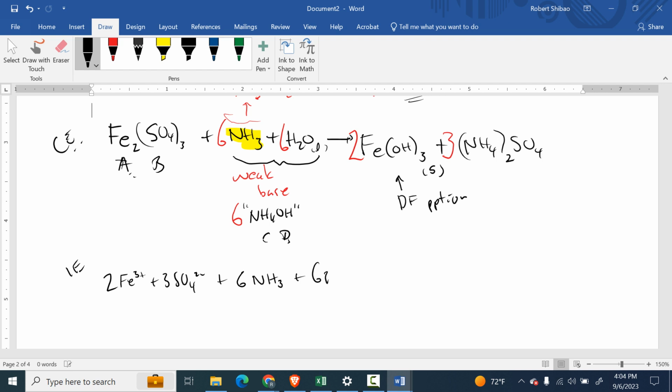Water. Non-electrolyte. Leave it. Iron 3 hydroxide. It's an insoluble salt, so leave it. Ammonium sulfate. It's a soluble salt, so split it up. 6 ammoniums plus 3 sulfates.